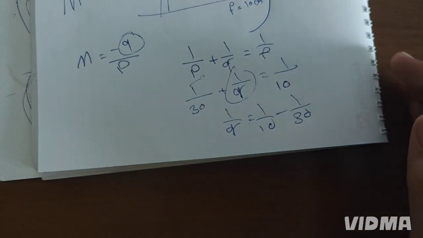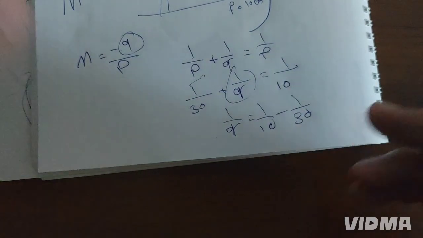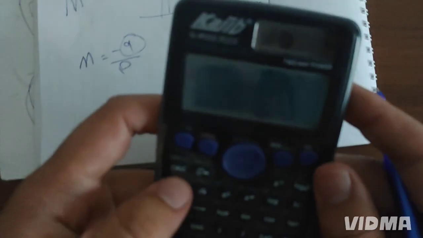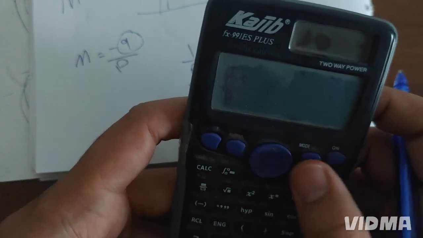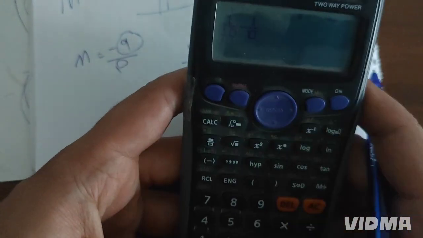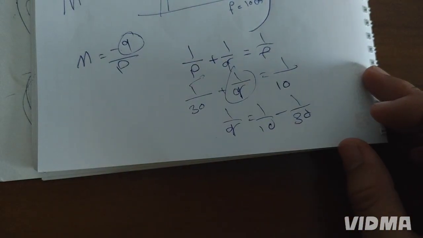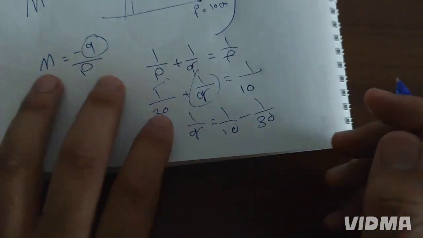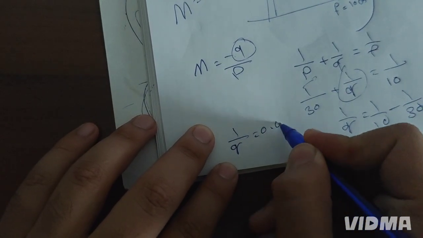You can use a calculator here. 1 over 10 minus 1 over 30 will be 0.066.